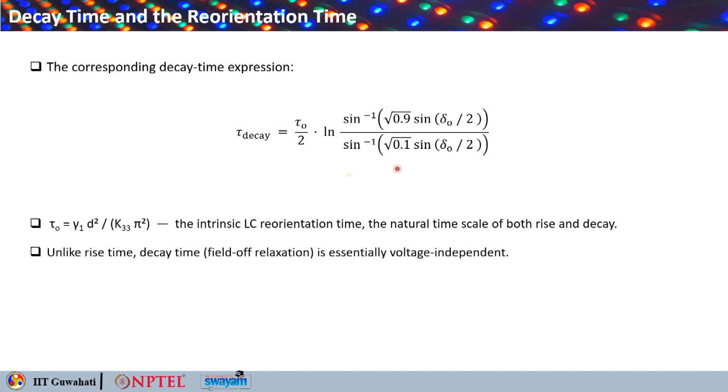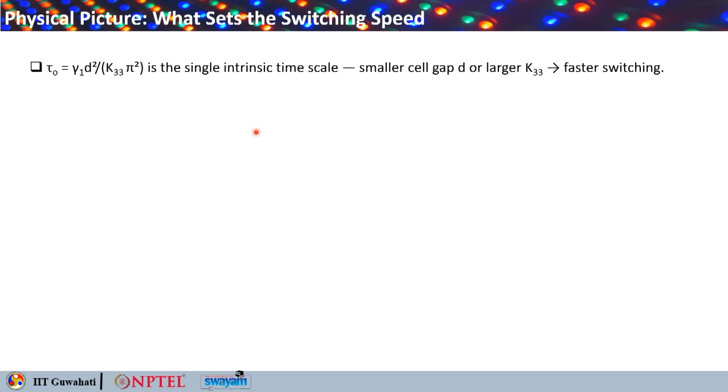What you see here is that the decay time is something special. Unlike the rise time, the decay time, the field relaxation, is essentially voltage independent, because the voltage is now withdrawn.